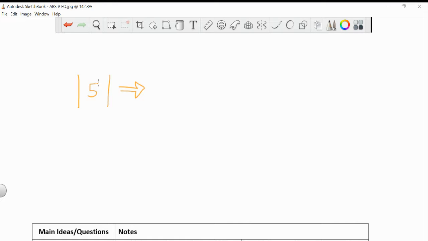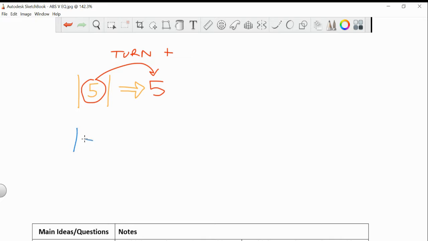So this is literally going to take the 5, and once it takes the 5, it is just going to turn it positive. So it's going to turn from a 5, and this one's not going to change at all. It's just going to still be a 5, okay?